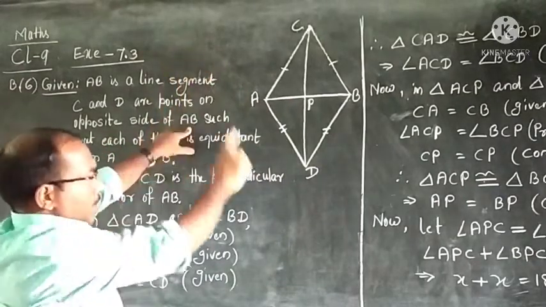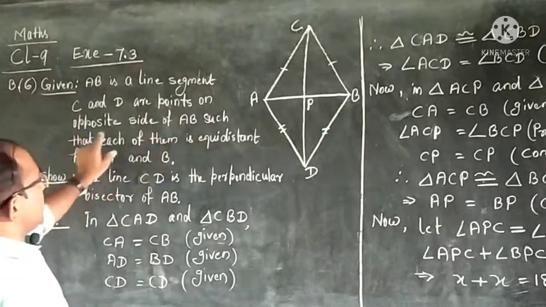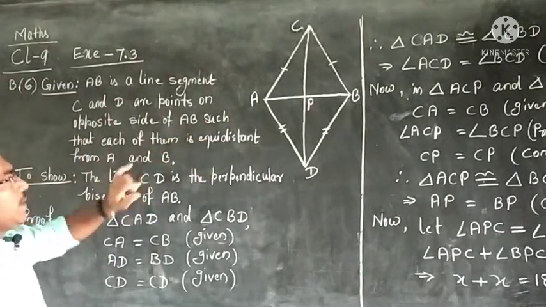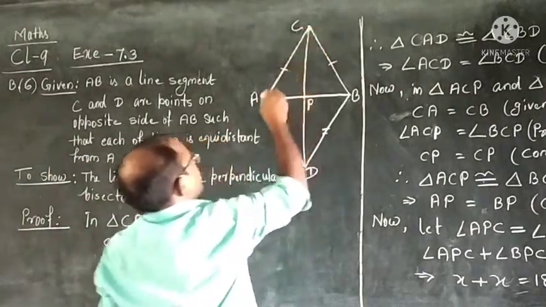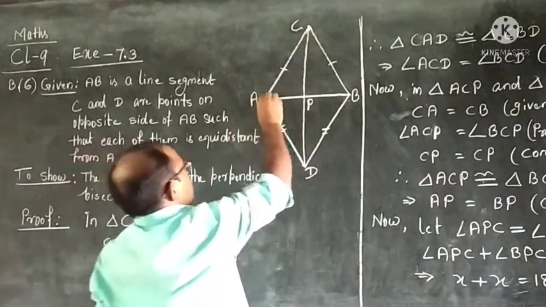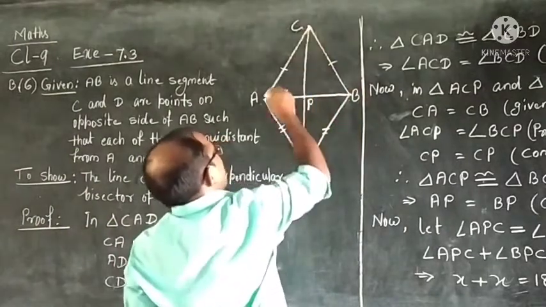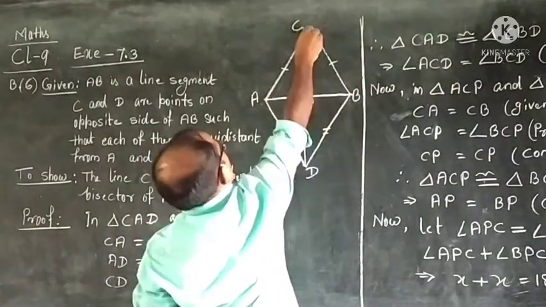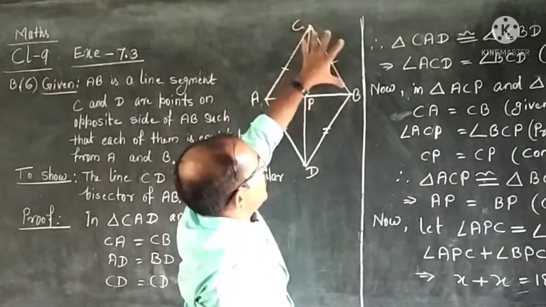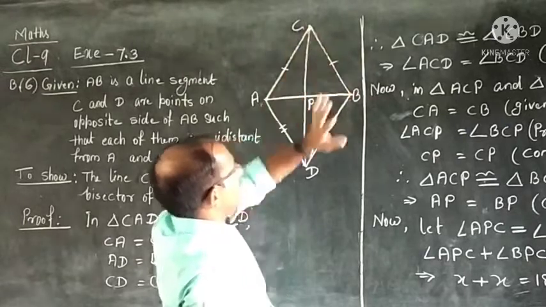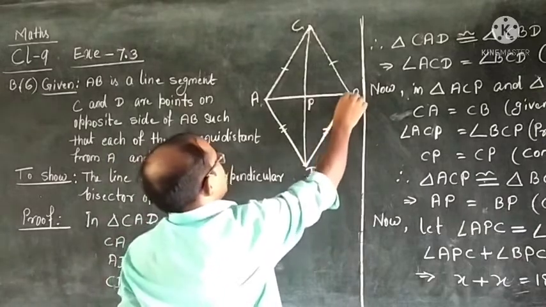One is up, another one is below, but the condition is such that each of them is equidistant from A and B. So the length of AC, that is the distance between point A and C, and the distance BC, these two are equal. Then D is also equidistant from A and B, these distances are equal.